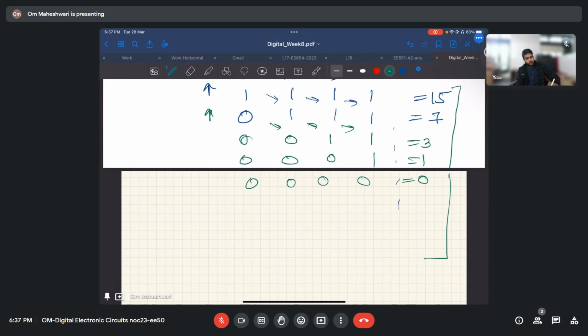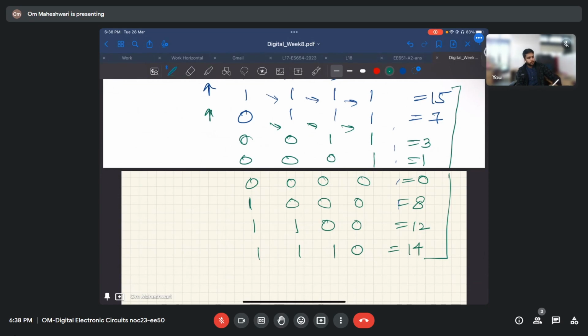The next cycle Q4 bar will be 1, 0, 0, 0. That is 8. Next cycle will be 1, 1, 0, 0. That is 12. Next will be 1, 1, 1, 0. That is 14.